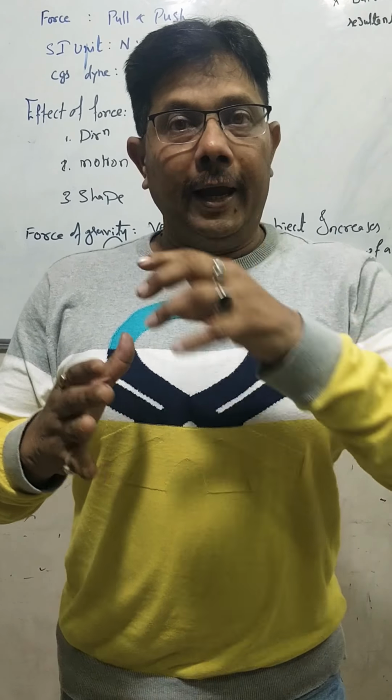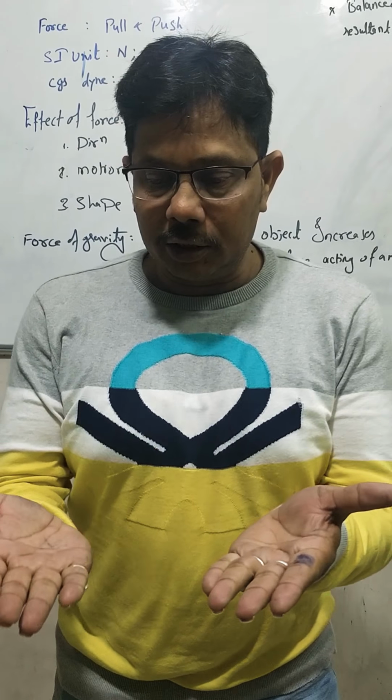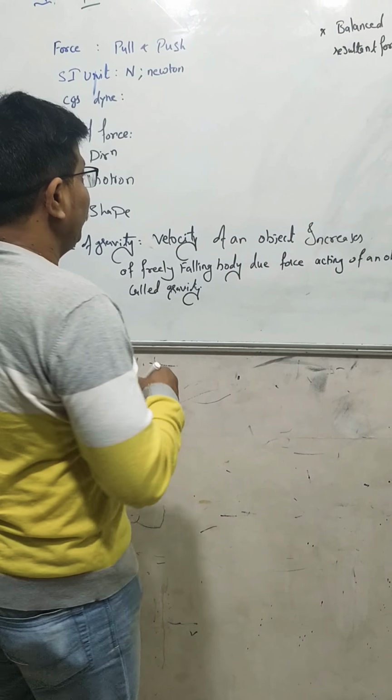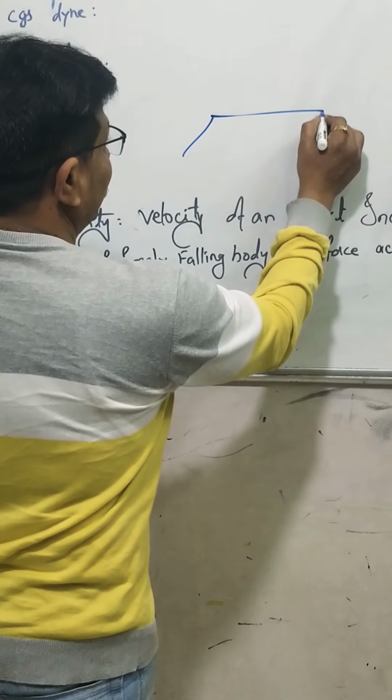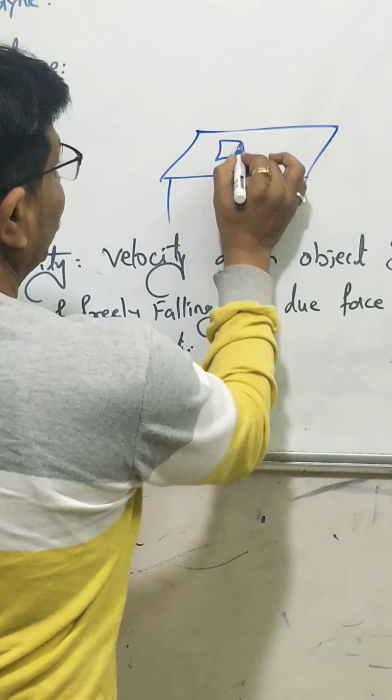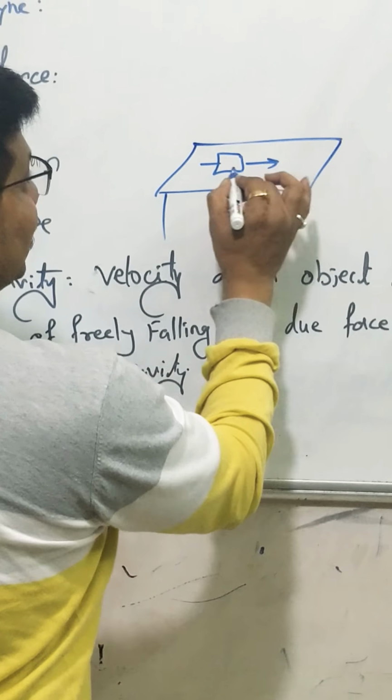You have an object on the table. Below this table, you kept an object. This table applies an upward force. Now you put an object and apply force in this direction.